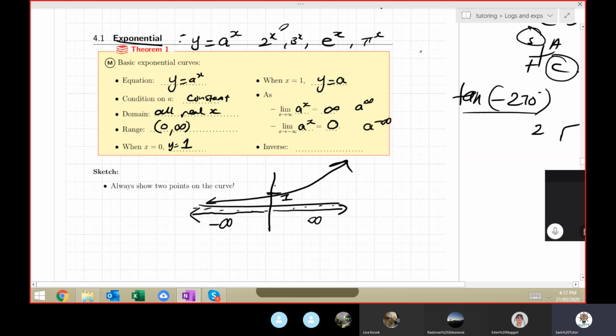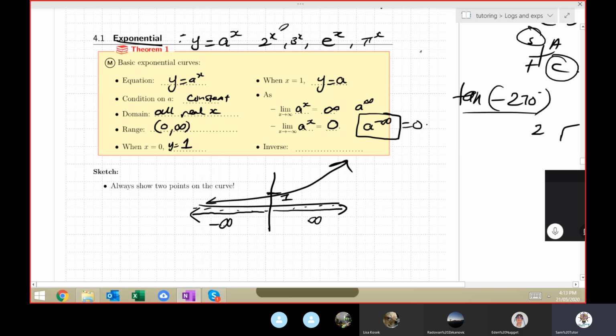It gets smaller, but to what though? It's really important that you get it. It gets smaller to 0 pretty much. So a to the negative infinity is a good one to remember because you will get asked this in an exam, I can guarantee it. A number to the power of negative infinity approaches 0. So you guys have got to remember that one.